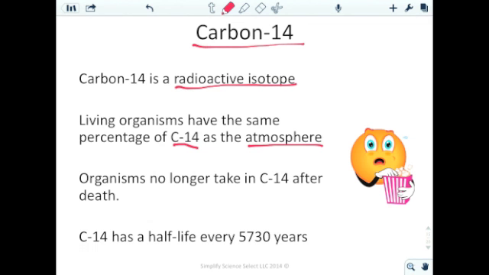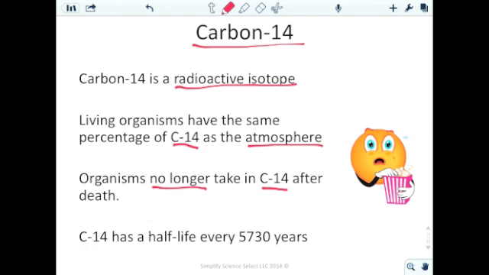So when we exist right now, we have the same C14 as the atmosphere. And so organisms no longer take in C14 after death. So what we can do is look at the percentage of C14 in something that has died, and we can see how long it's been here.